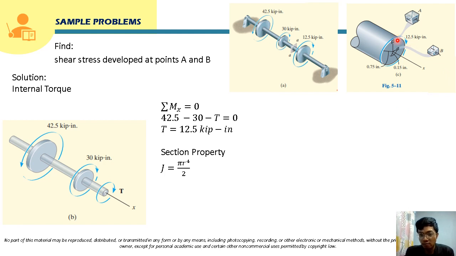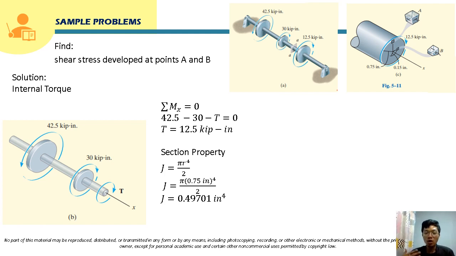The radius is measured from the center up to the outermost surface of the shaft, so that is 0.75. Substituting that here, our polar moment of inertia will be pi times 0.75 to the fourth over 2, which is equal to 0.49701 inches to the fourth.